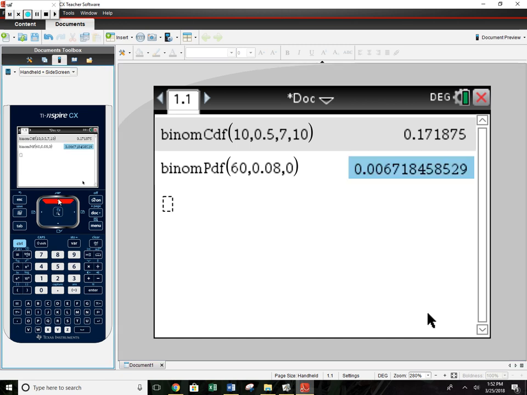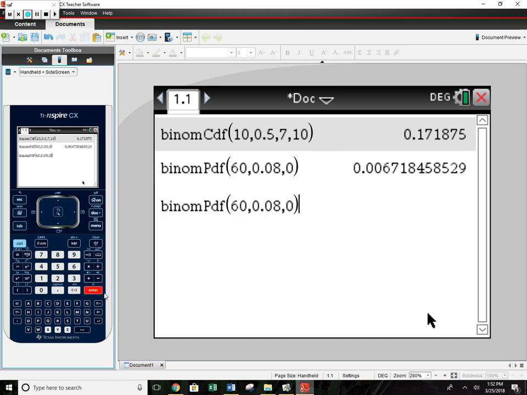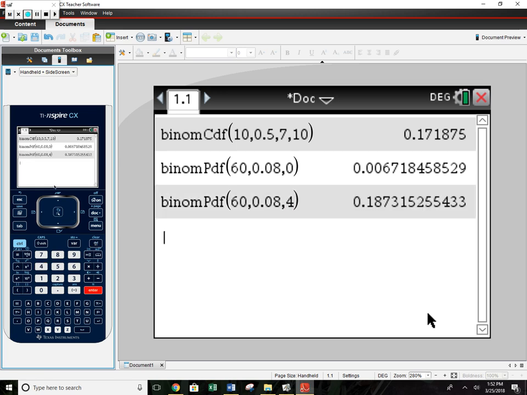So I'm just going to copy this, hit enter. I'm going to go back out, and I'm going to change it from 0 to 4. Then I'm going to go up and grab it and change 4 to 5. There we go.